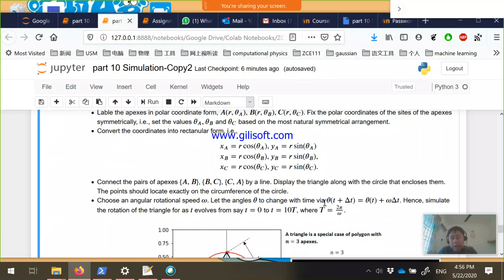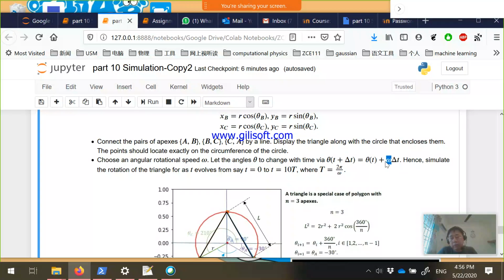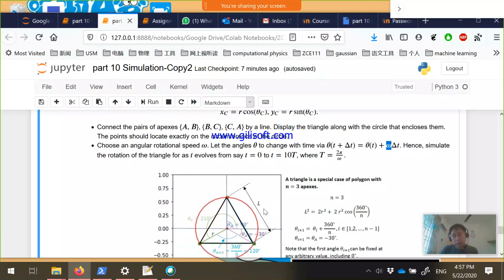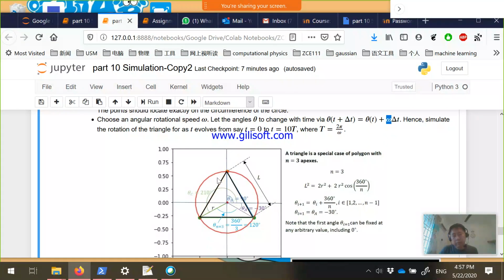So you know that the angle changes with time through a very simple formula. You have to fix a rotational rate, omega, which is a rotational speed. You learn this in Form 6: you not only have the translational velocity v, you also have the rotational velocity omega, which is defined as 2 pi over T. T is the period. So you assume there is a rotational speed omega, and you fix the numbers. Omega is say 0.1 radian per second or whatever.